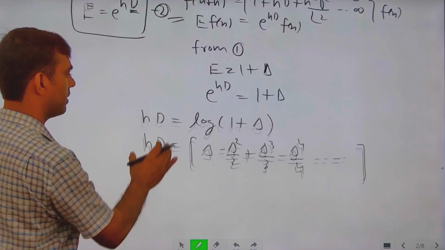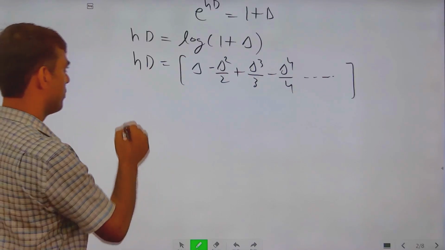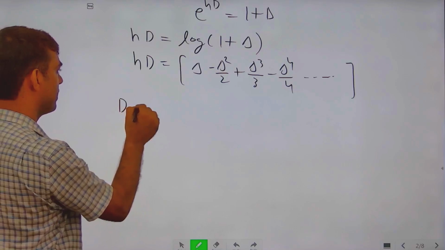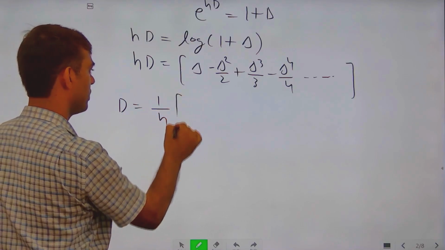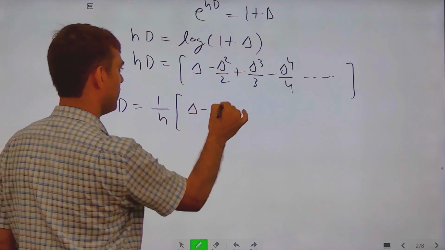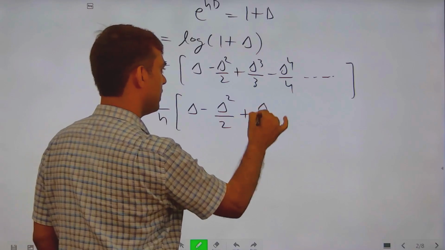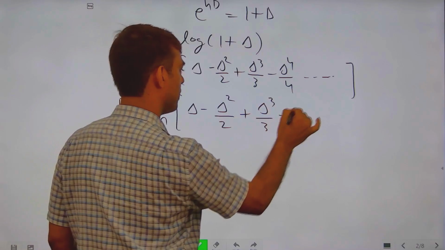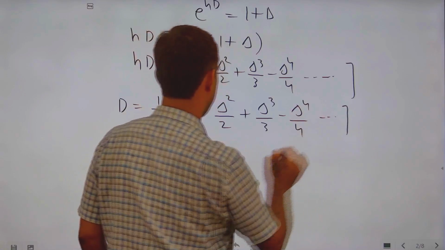So, if we expand this, then D becomes 1 upon h times delta minus delta square upon 2 plus delta cube upon 3 minus delta 4 upon 4 and so on.